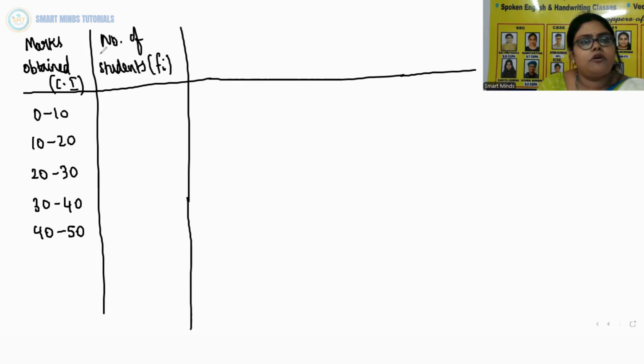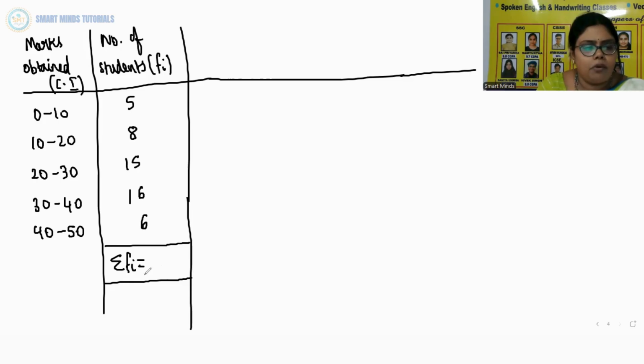And whenever number of something is given, that is called fi, that is frequency. So 5, 8, 15, 16, 6. Always add the frequency column. The answer which you get is called sigma fi. And if you add them all, you will get 50.